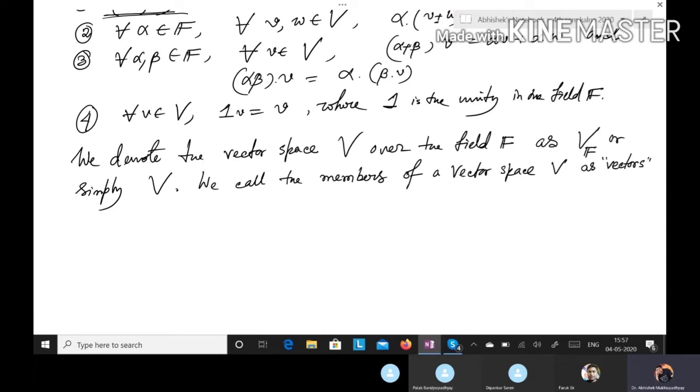If one asks you what you mean by vectors, it must be in some vector space, so it is a member of a vector space.